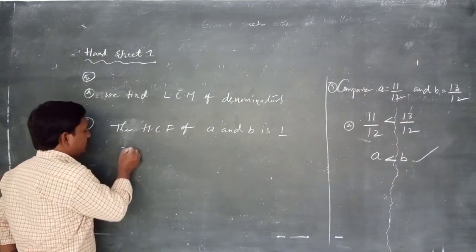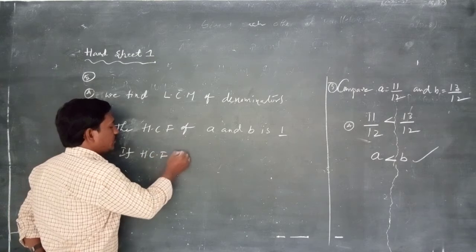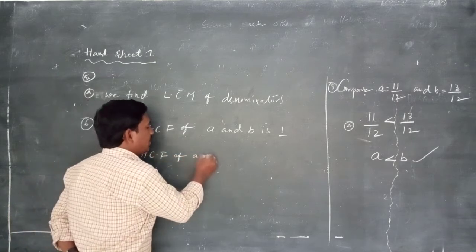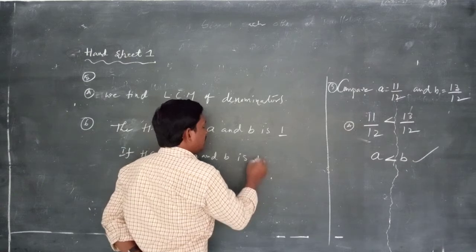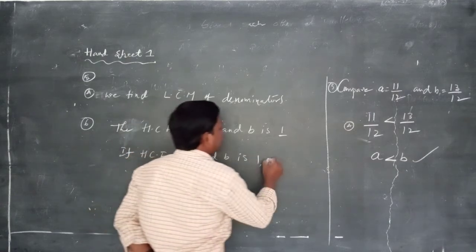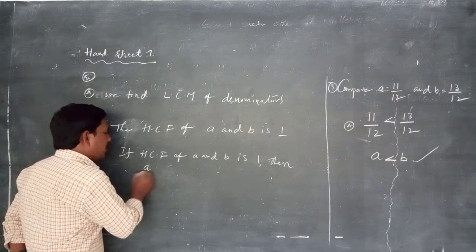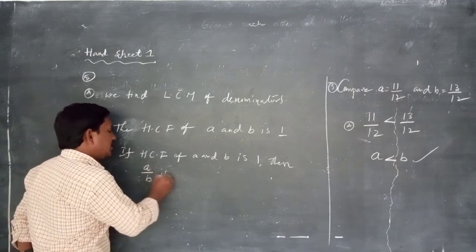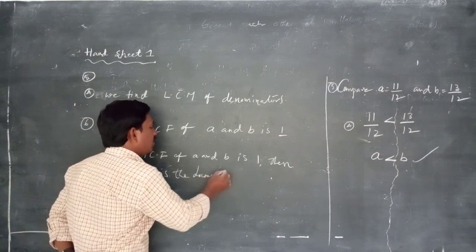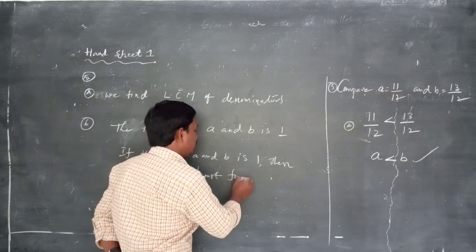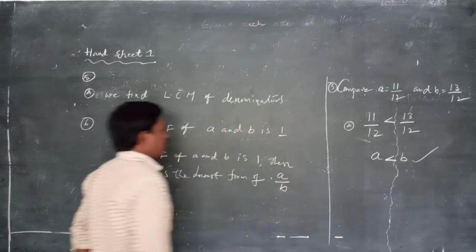If the HCF of A and B is 1, then A by B is the lowest form of A by B. Why?